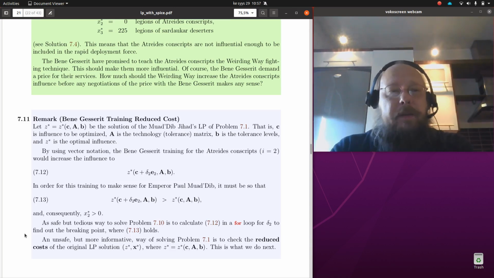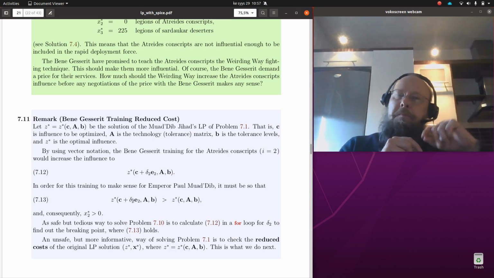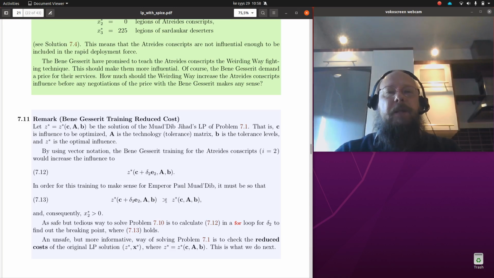So a safe way of solving this would be to calculate first this, and then calculate many different LPs of this type, where this delta 2 starts from 0 and increases a little bit, and try to find out the point for delta 2, so that this begins with an equality if delta 2 is 0, obviously because they are the same. If I increase delta a little bit, maybe this doesn't change, a little bit more, maybe it changes a little bit more, now it changed.